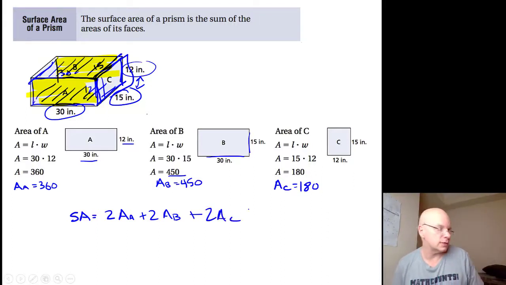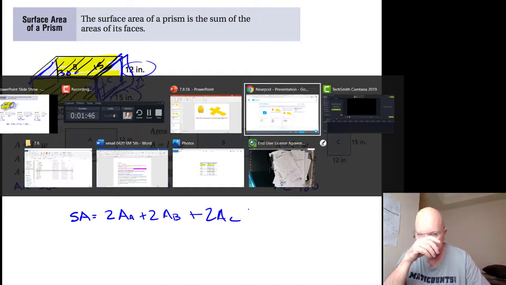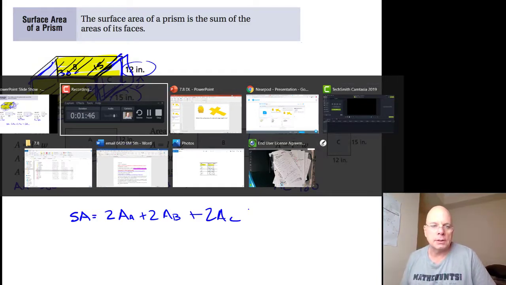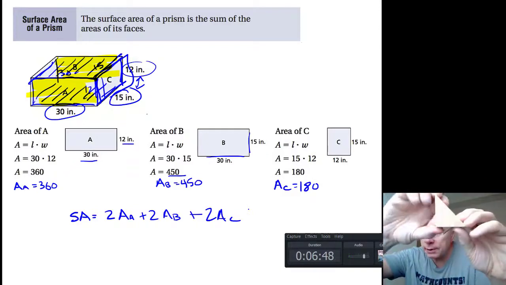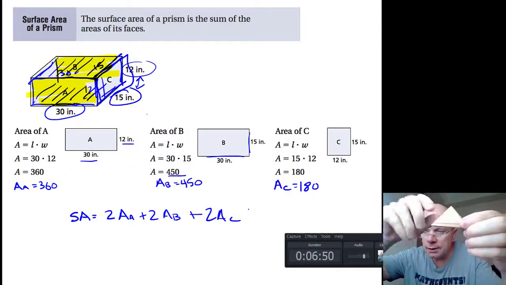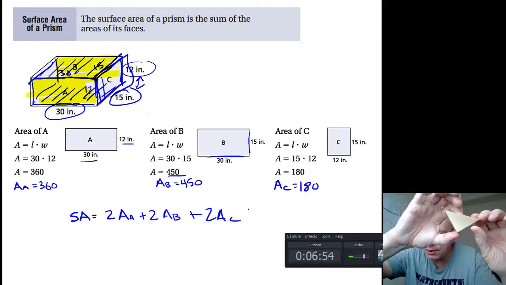Before we do the calculation, let me show you something. If instead I had a triangular prism, like this one, if I call the triangle A, I have two of those.